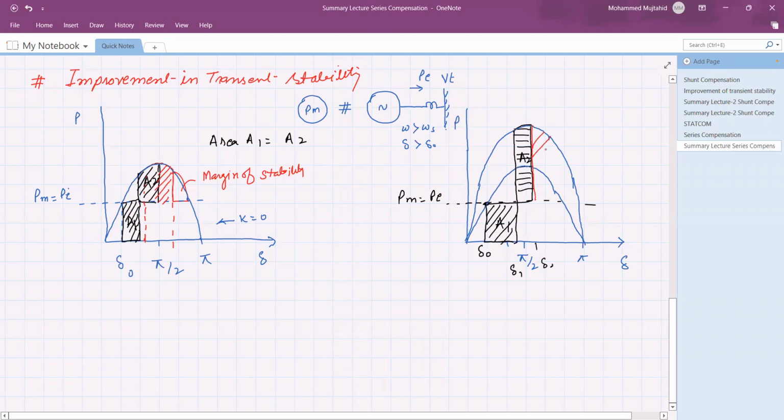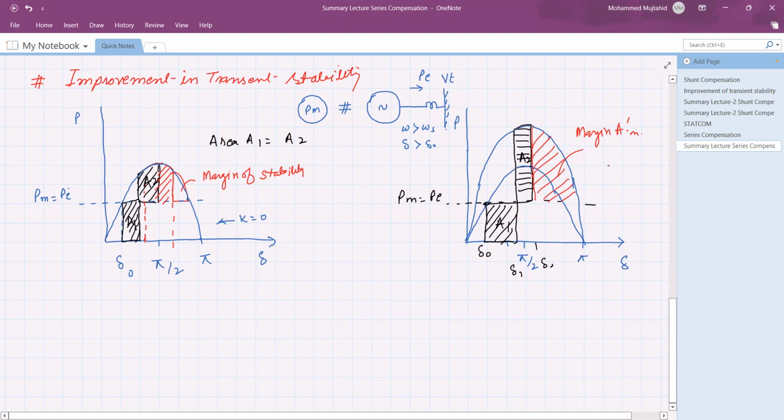So we'll show it by the shaded line. This is the marginal area, margin A dash. So it is quite clear that with the help of series compensation, definitely the deceleration area is large and we have a large marginal stability.